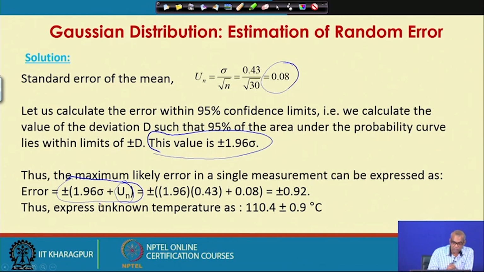So, you compute this: sigma value as 0.43, and this standard error was obtained as 0.08. So, error is plus minus 0.92. So, the unknown temperature can now be expressed as 110.4 plus minus 0.9 degree Celsius.